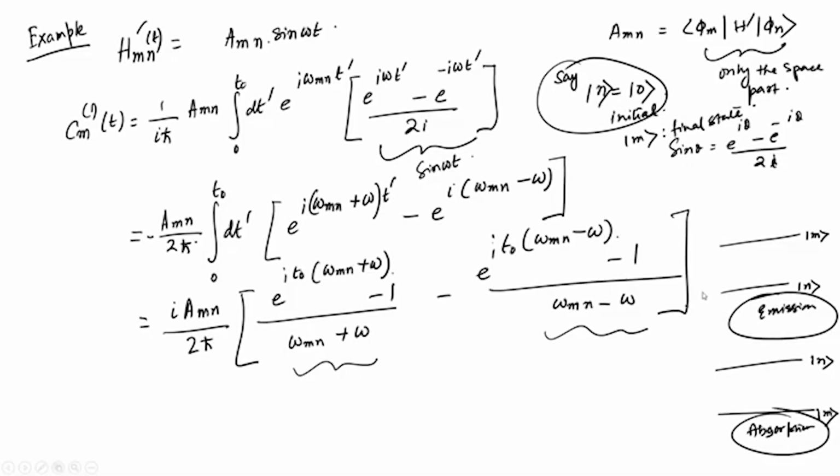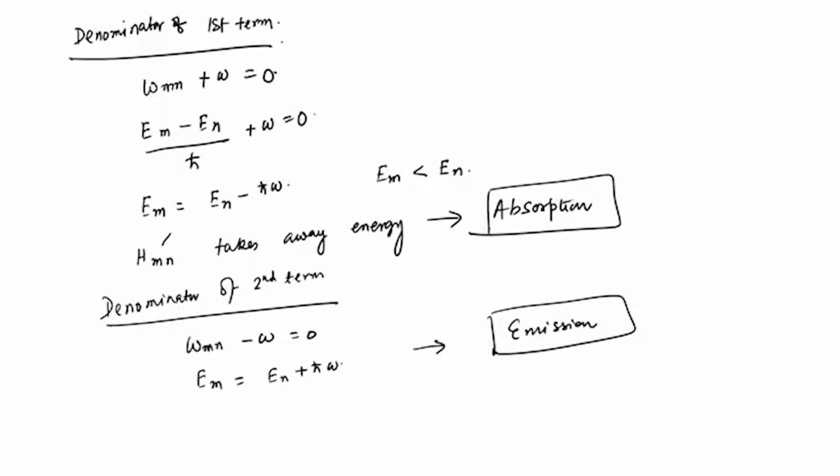And we will mainly be interested in this emission term, but on the same footing the absorption term can also be considered. So, let us look at the second term and see what happens. We are interested in the second term, which means that we talk about the conventional picture where E_m is greater than E_n, and we are going to talk about the emission spectrum.